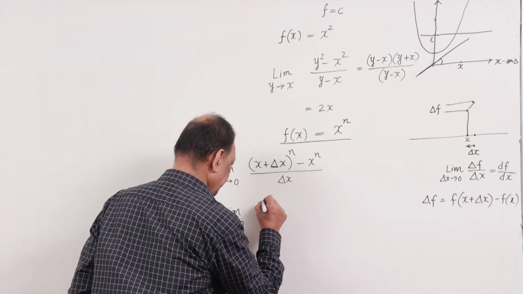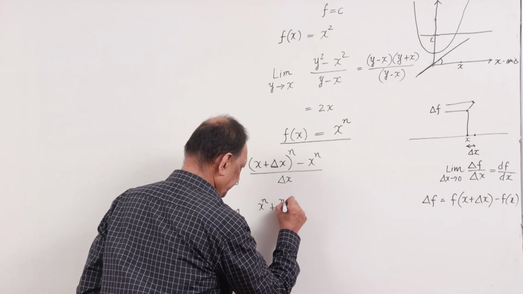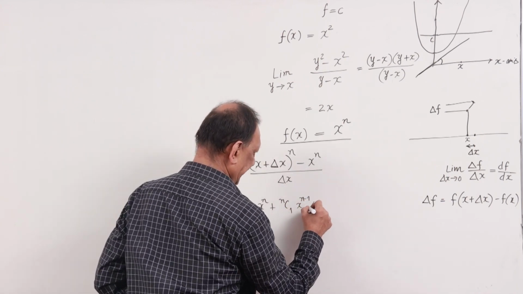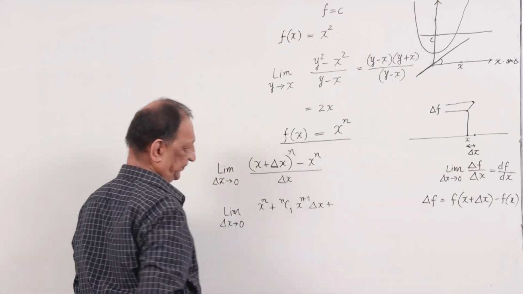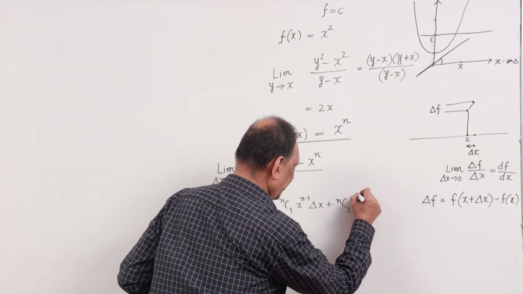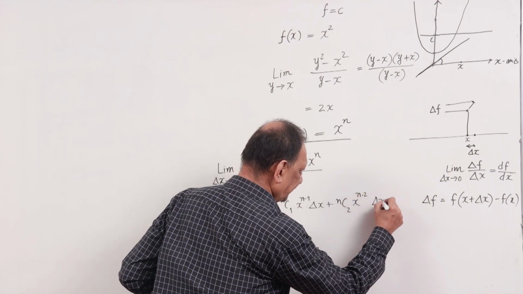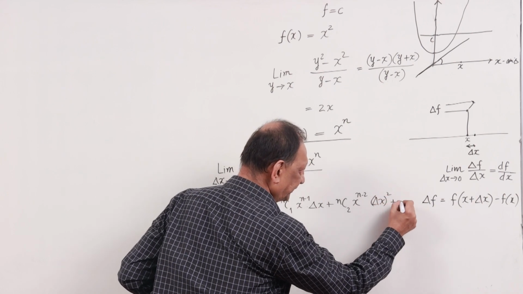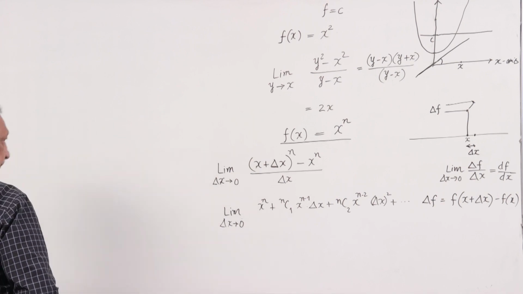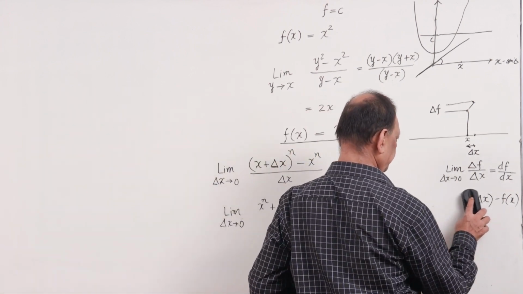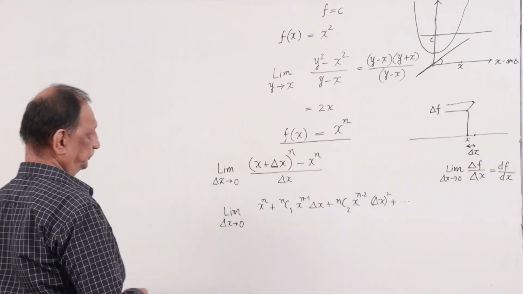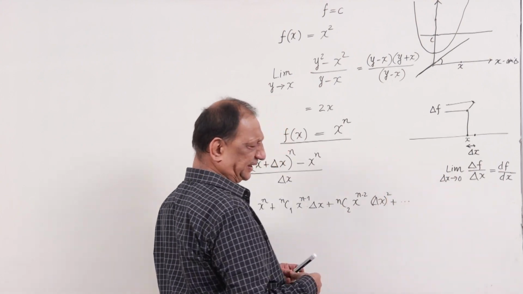It is x power n plus nC1 x to the power of n minus 1 delta x plus nC2 x power n minus 2 delta x squared plus etc. Let's not even bother writing the other terms.